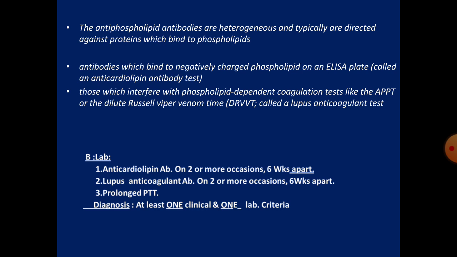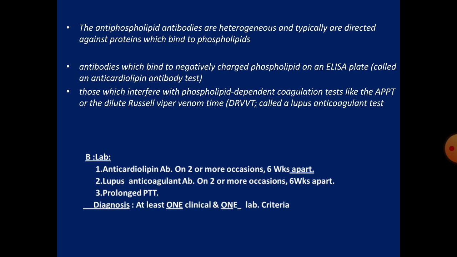So for the lab features to diagnose antiphospholipid syndrome, we have anticardiolipin antibody on 2 or more occasions, 6 weeks apart. They make this criterion because this antibody does not occur only in antiphospholipid syndrome, but can occur in other conditions, like sickle cell disease and infection, where we can find anticardiolipin antibody in these patients.